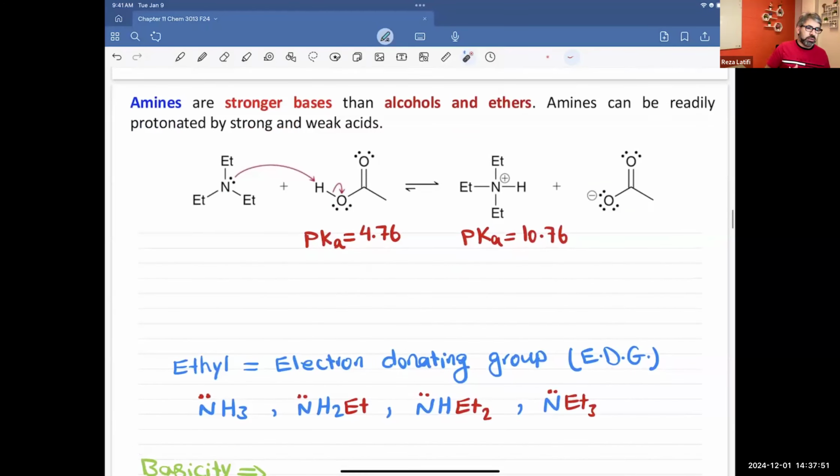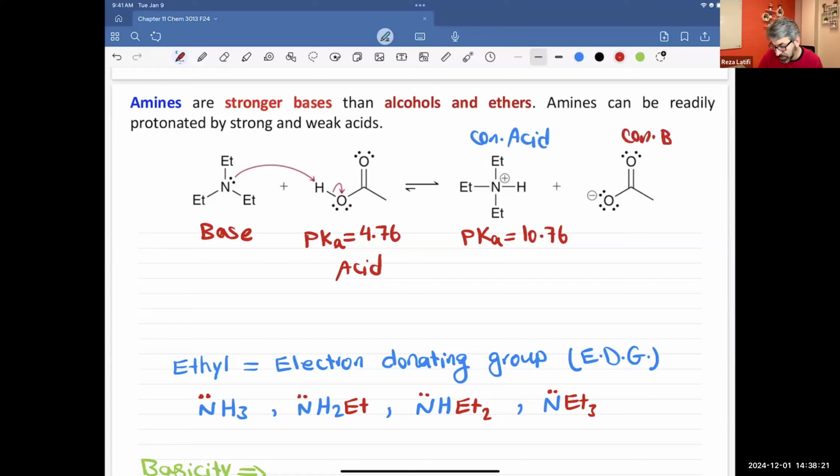Now, primary, secondary, and tertiary amines do have a lone pair, and that lone pair can get involved in acid-base reactions. Whenever you mix it with an acid or any compound that has an acidic H, it will behave as a base and remove H from the acid, and that's going to give us a conjugate acid plus a conjugate base.